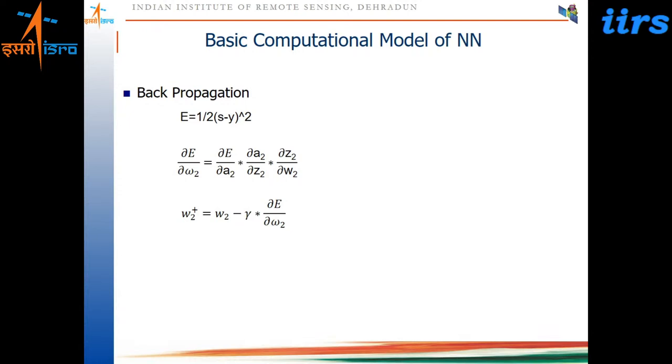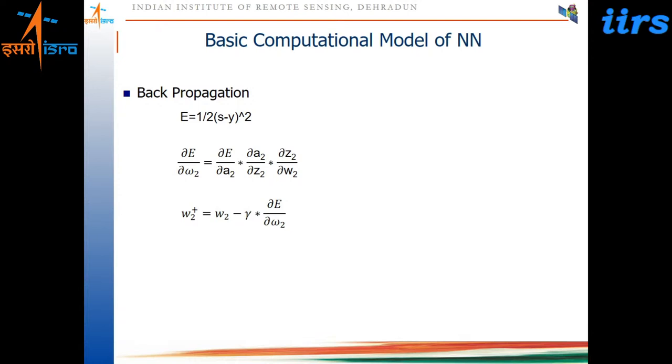For doing that, we simply compute the differences between the actual predicted output and the actual output, and we can create an error.